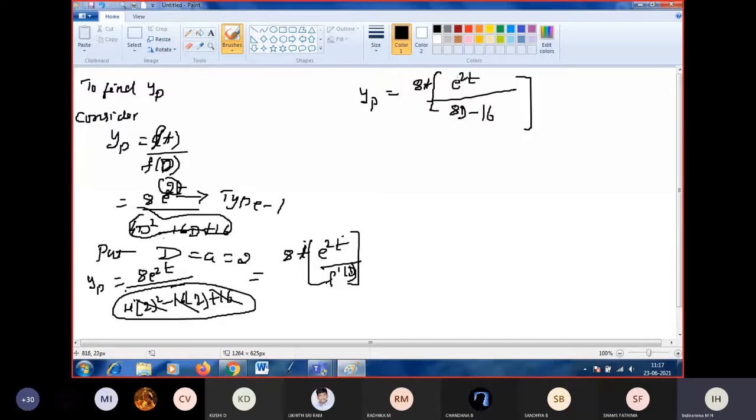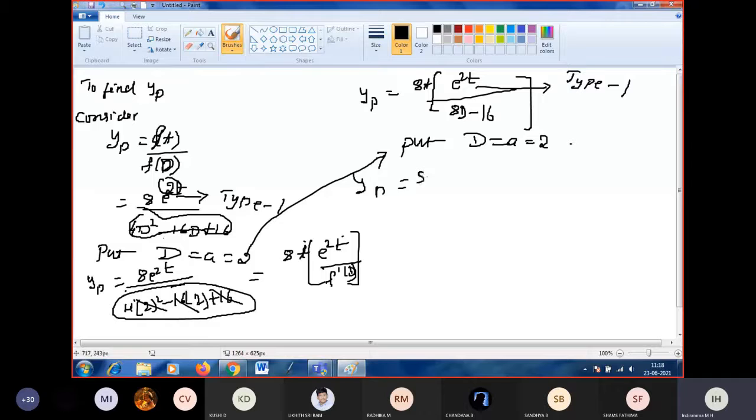Since the numerator is type 1 only, put D equal to 2. It will not change throughout the problem. Same step we have to repeat. So YP is equal to 8t into e power 2t by 8 into 2 minus 16.